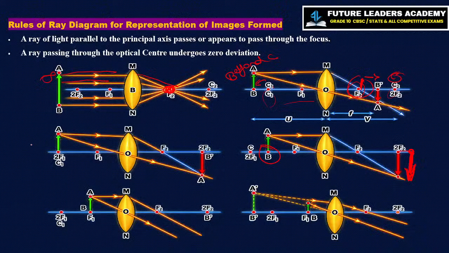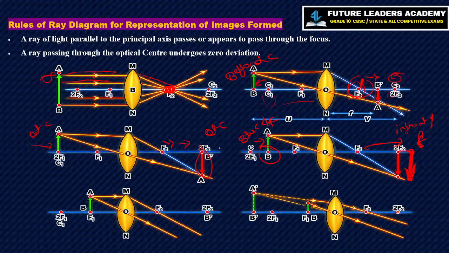Next, when I take the object at C, the image will also form at C only. Move from one step to the next, like here. Then when I keep the object between C and F, the image will form after F, in front of F.